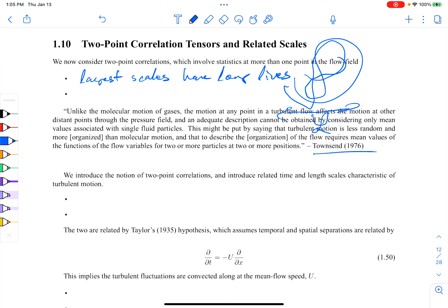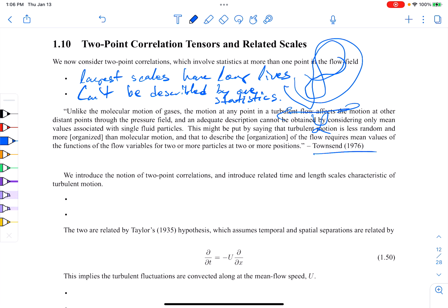And they can't really be described by 1-point statistics, unfortunately. For example, if there's a large-scale turbulent structure and I can only get a measurement at 1 point, how can I ascertain how long or large it is?